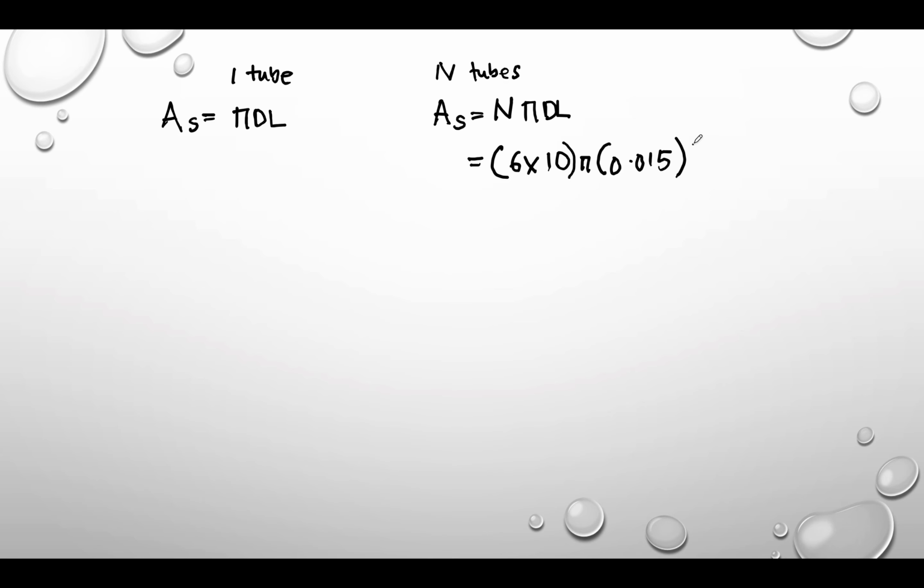Times L. Since L is not given, we have two different methods: you can assume a value for L or you can remain it as L, because in the question we need to find the rate of heat transfer per unit L. It's up to you.